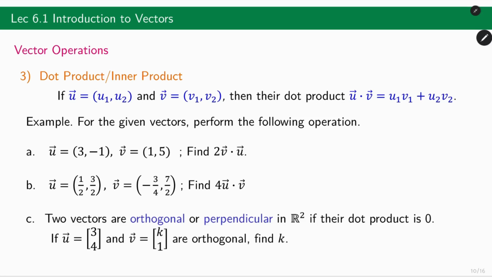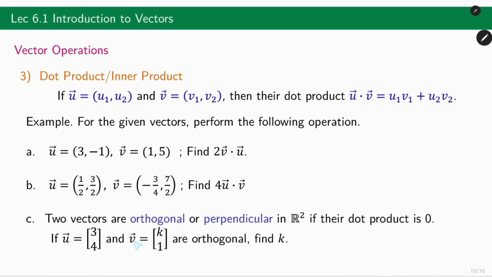I will leave the exercises B and C to you. For letter B, we have vectors with fractional components, and for C, we have here another concept. Two vectors are orthogonal or perpendicular in R2 if their dot product is 0.